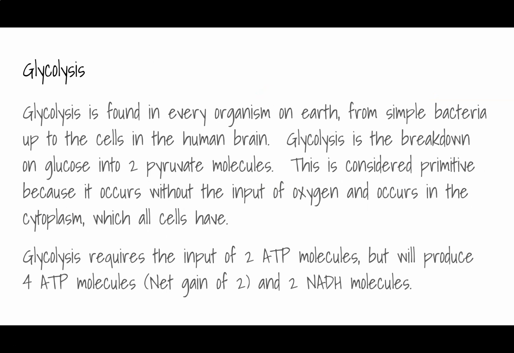Okay, so let's go back to glycolysis now. Glycolysis is going to happen in every single organism on Earth. We just talked about the first half of it that went into fermentation, but now let's get a little bit more detailed. You're going to see it from simple bacteria all the way up to the cells of your brain. What it does is it takes one glucose into 2 pyruvates.